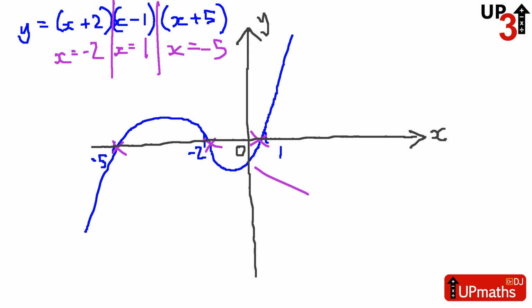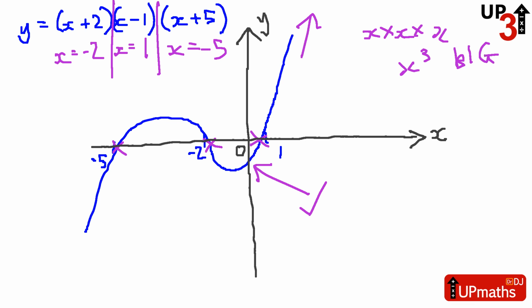One way is you could just put in x equals 0, and if you do that you'll end up with y equals a negative number, so that would prove it. My personal favourite is to say what happens when x gets very big. Well, here, when x gets very big, it will just be like x times x times x, which is like x cubed, which is really big and positive, which means it must be way up here, so it's just stretching up in that direction.